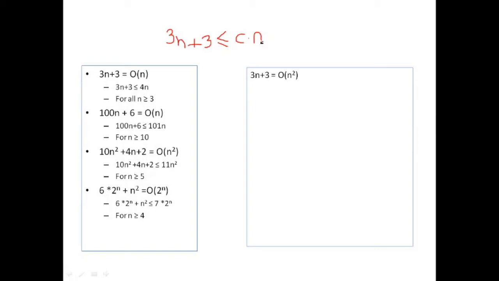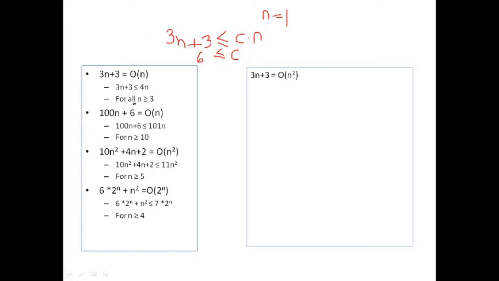Now we can also solve for c and n naught in this way. We try different values for n. Say n is equal to 1. Then 3 plus 3 is 6, less than or equal to c. So for c we have got a value c greater than or equal to 6, and for n equal to 1 or greater, this can actually be true.